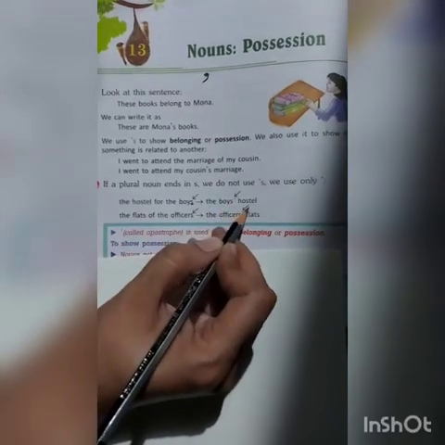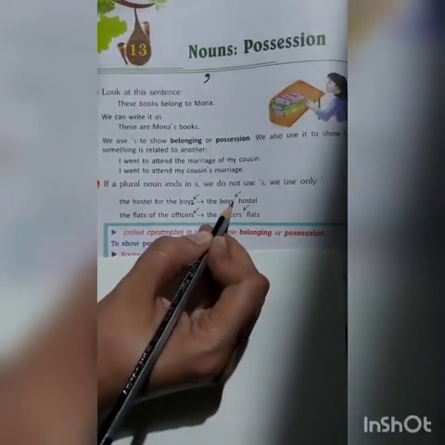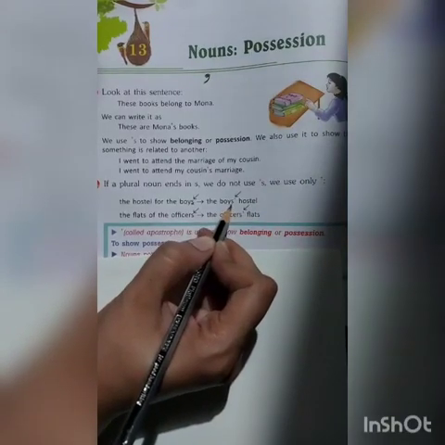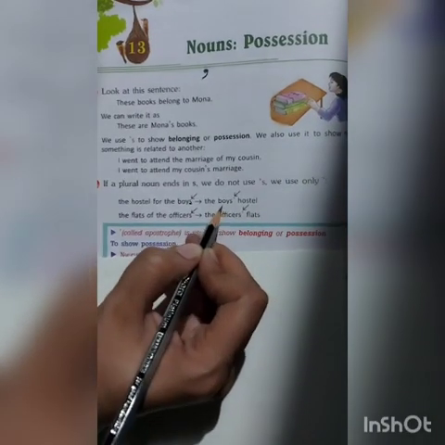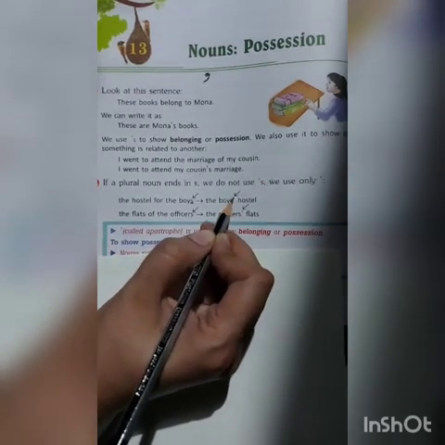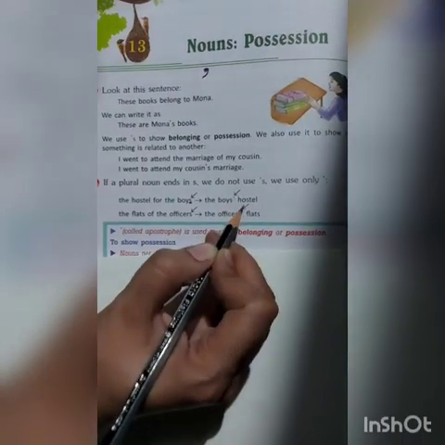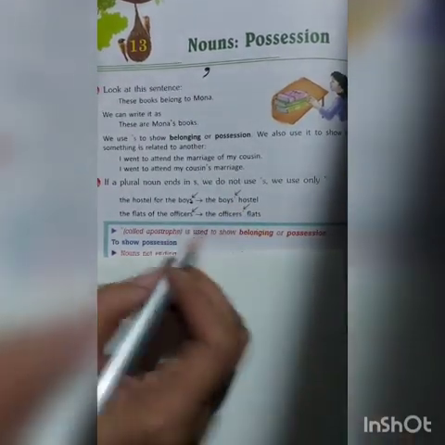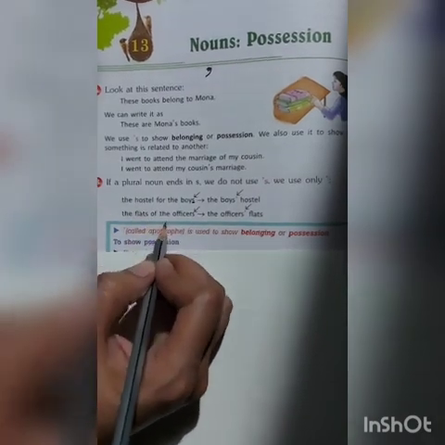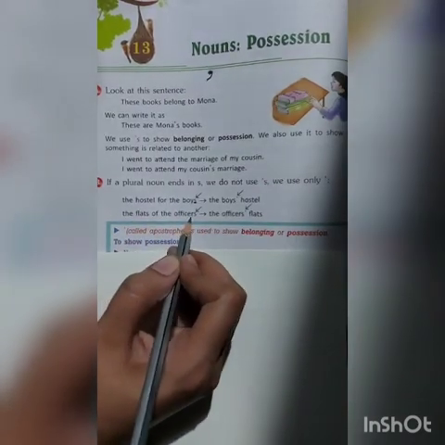The boys' hostel. Why have we done so? Because boys is a plural noun which is ending in S. So those plural nouns which end in S, we only put apostrophe after them. We do not put apostrophe S. Similarly, in the next sentence, the flats of the officers.